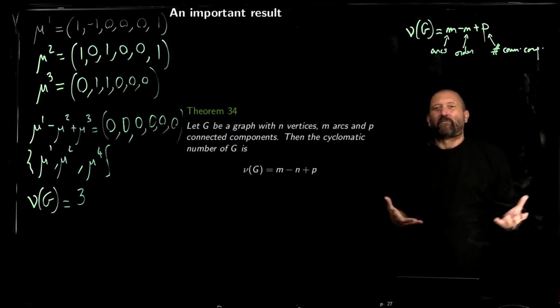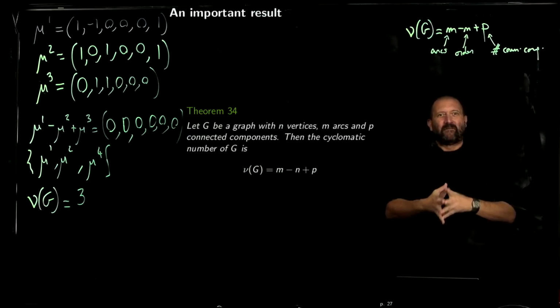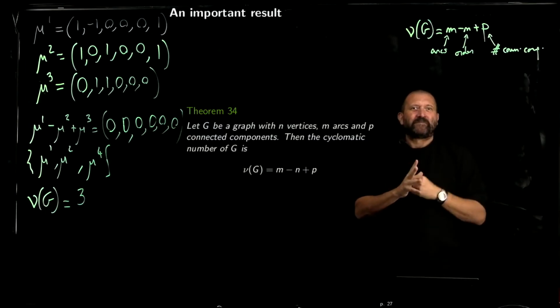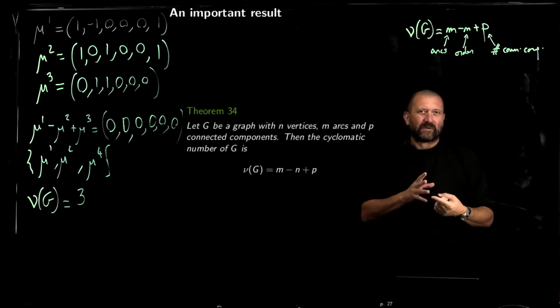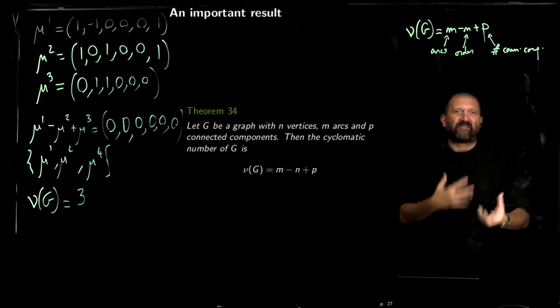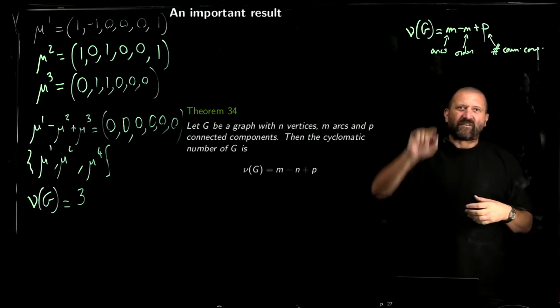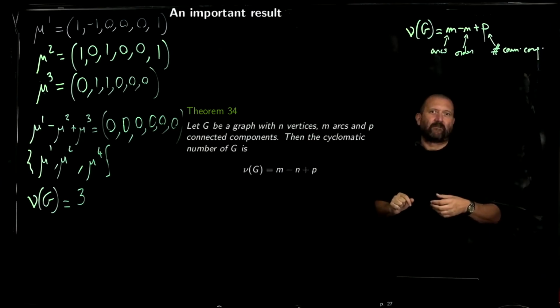Let's not worry about where this comes from, but you have this nice relationship in terms of how many cycles you need to describe potential cycles in a graph, okay? Or how many vectors you need in your basis of cycles, in terms of the number of arcs, the order, and the number of connected components.